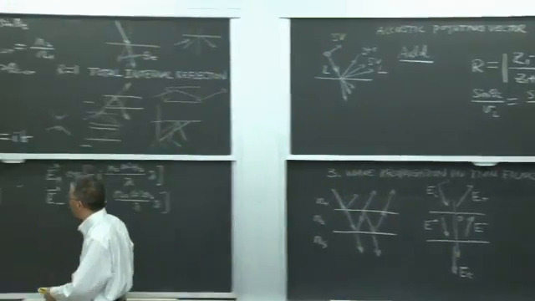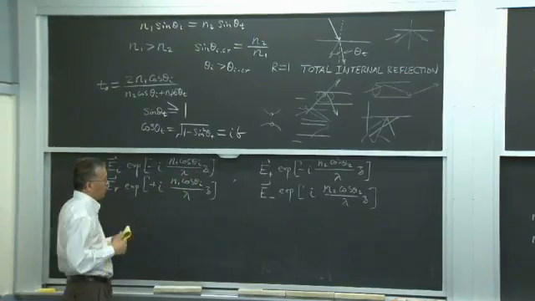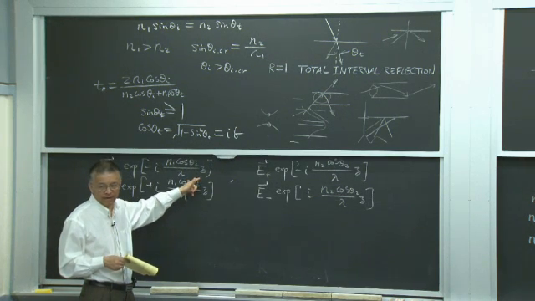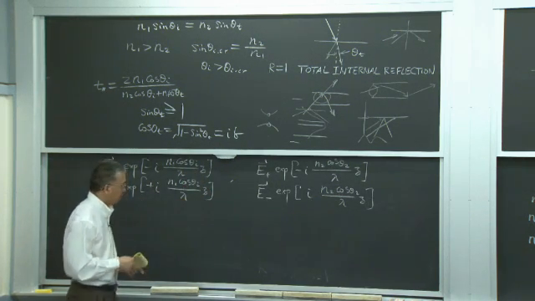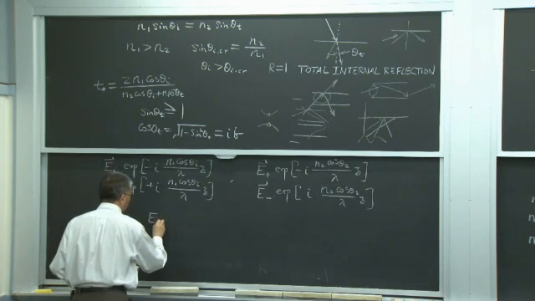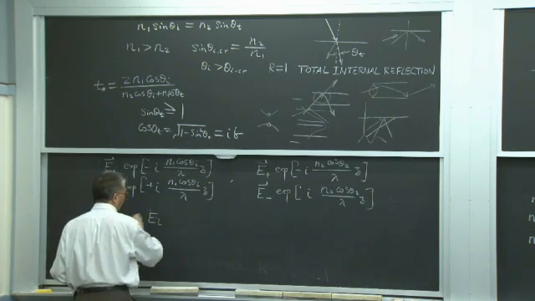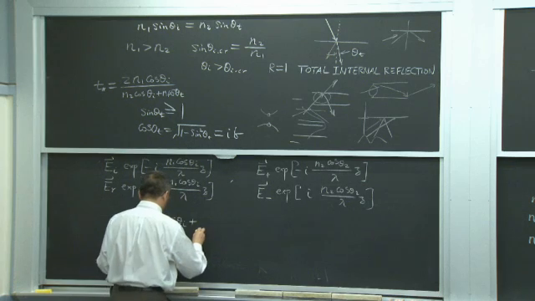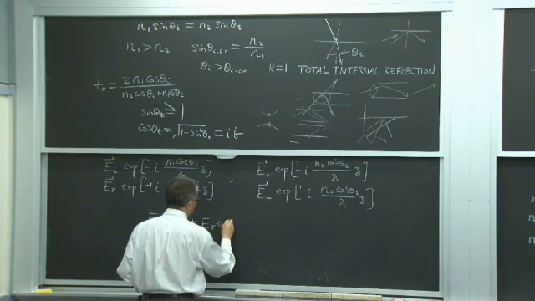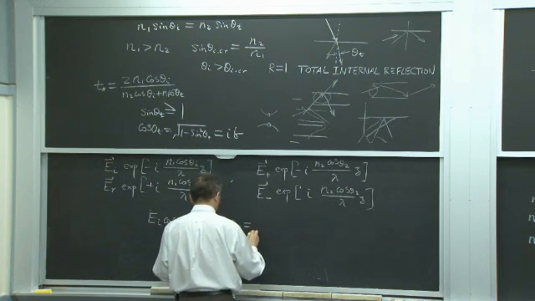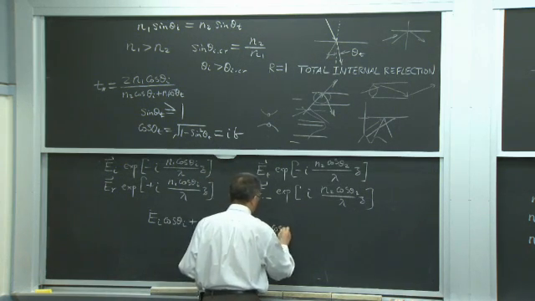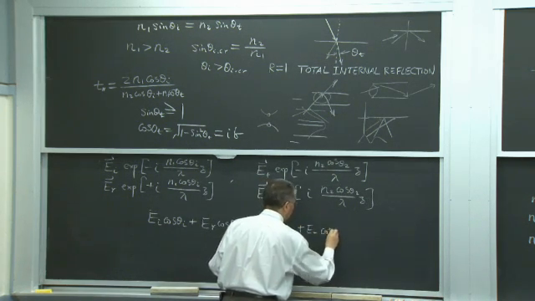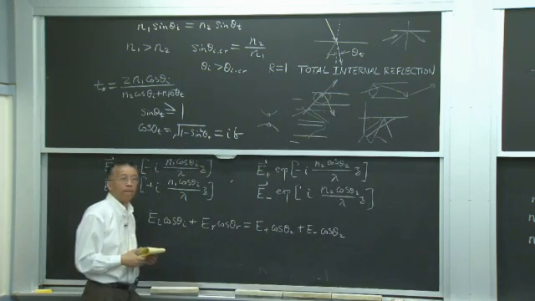So for the first interface, when I take my origin at z equals 0, cleverly choosing your coordinate, the tangential component is E_I cosine theta_I plus E_R cosine theta_R equals E plus cosine theta_2 plus E minus cosine theta_2.